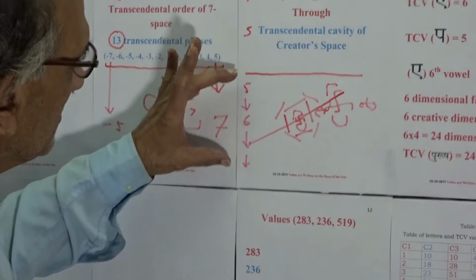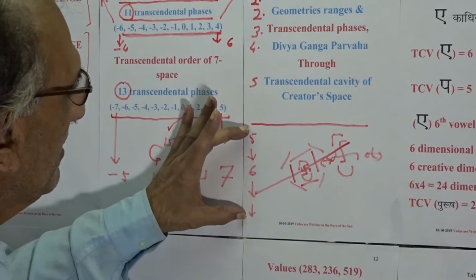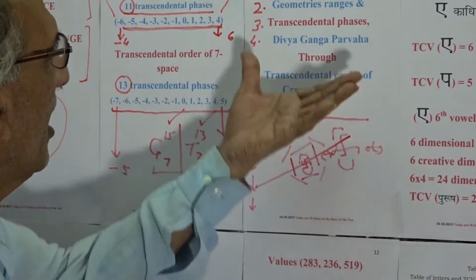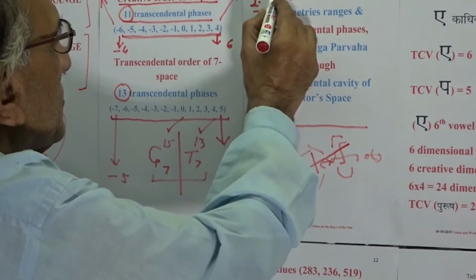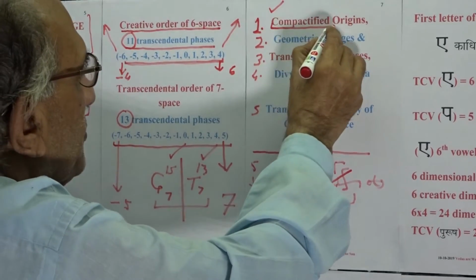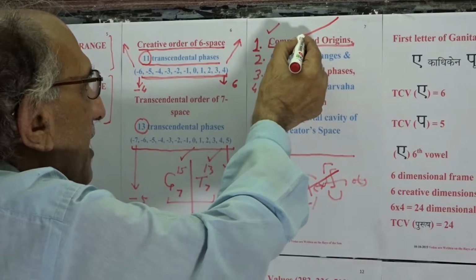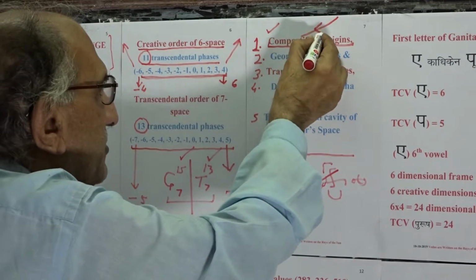It is this continuing phenomenon of coordination of the compactified origins. So these compactified origins are coordinated along a ray, a Rashmi.